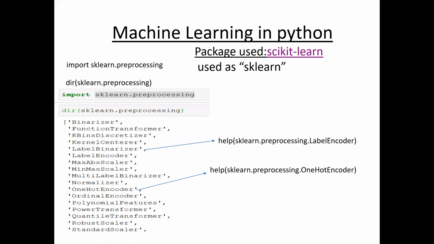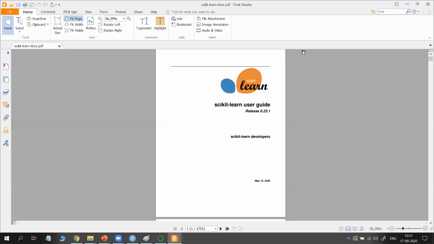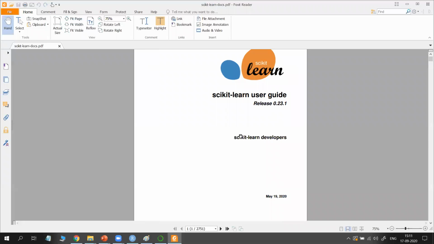Okay, before that, what is the role of Python in machine learning? Python provides lots of packages for doing machine learning tasks. This is the major package, scikit-learn, which is used for doing different ML tasks. And there is a lot of information available. See, this is the sklearn user guide.